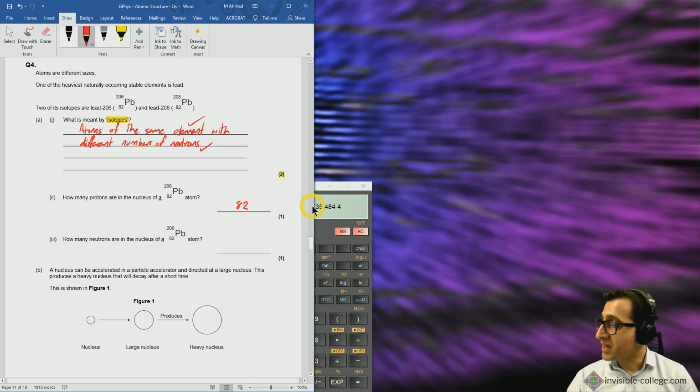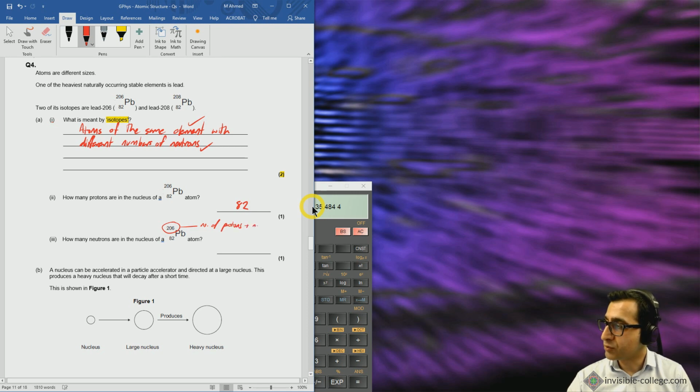Number of neutrons in the nucleus of a lead-206 atom: well, the mass number of a particular isotope is the total number of neutrons plus protons. So mass number is number of protons plus neutrons.